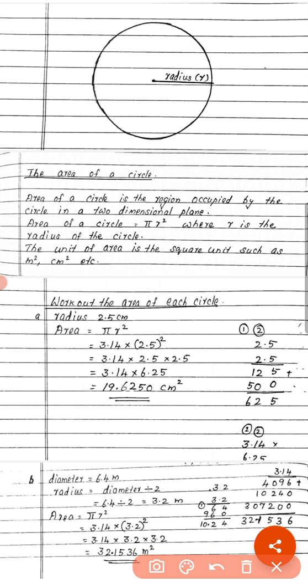Any line that passes through the center of the circle and connects two points of the circle is known as the diameter of the circle. This point is the center. This is the diameter.